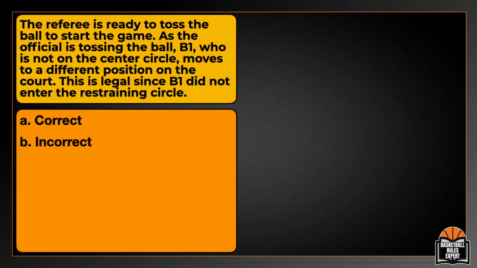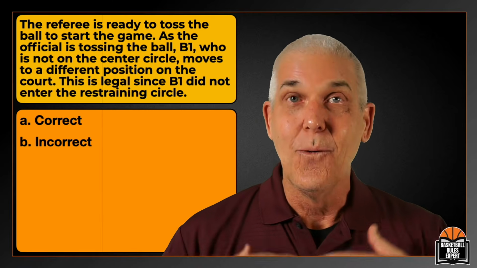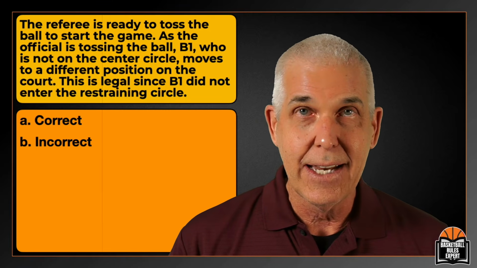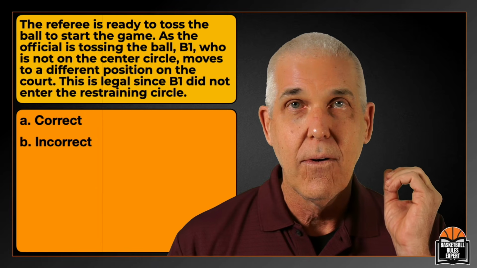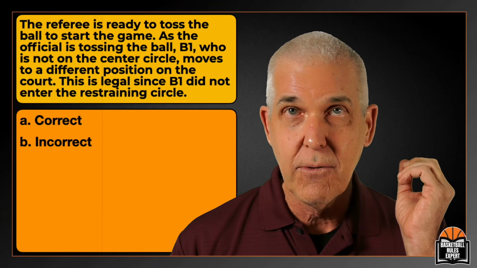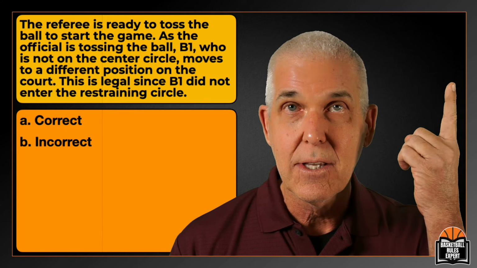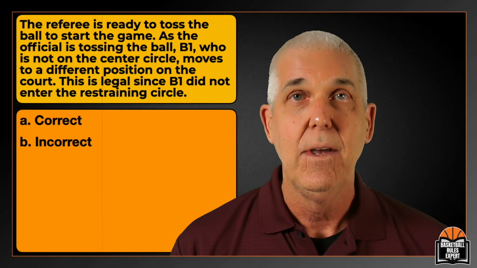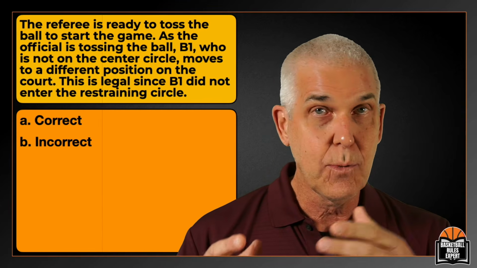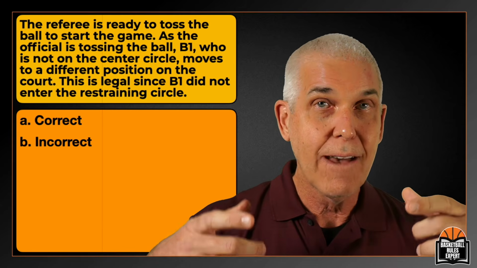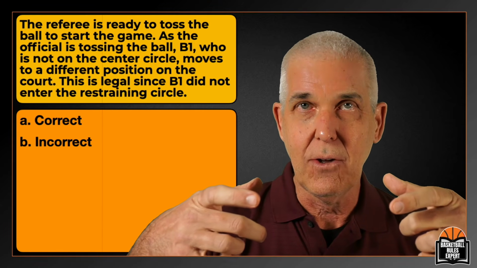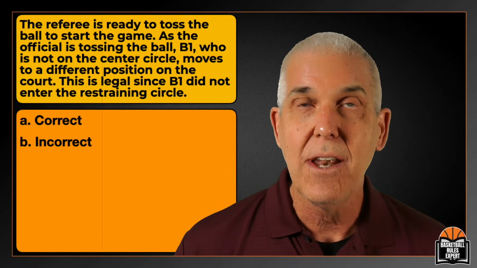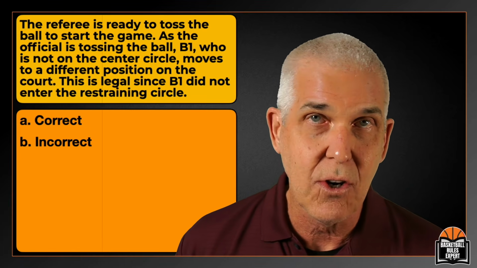As we've outlined previously in our full coverage of jump ball rules and restrictions, link above, we have jumpers, players on the restraining circle, and players who are not on the restraining circle.